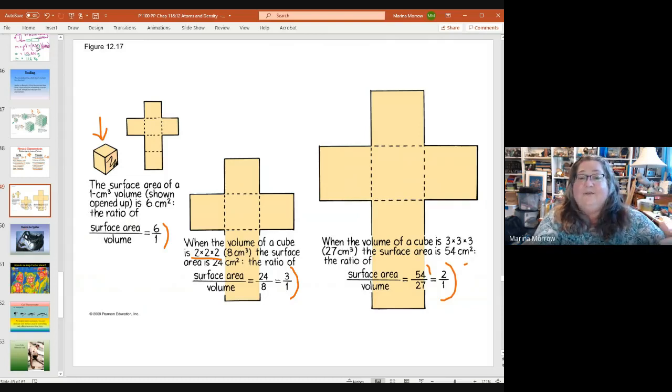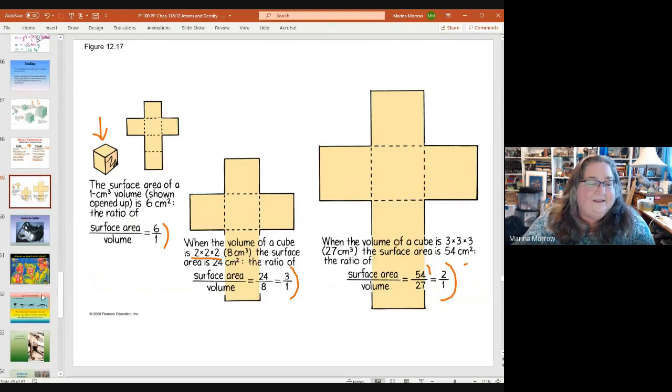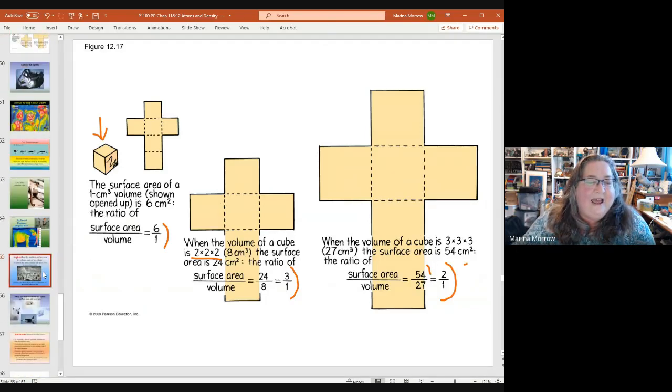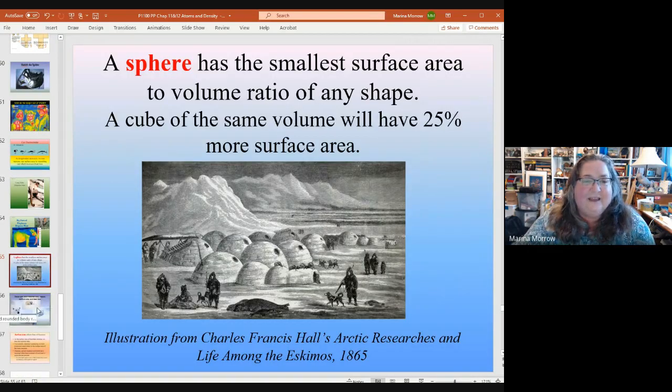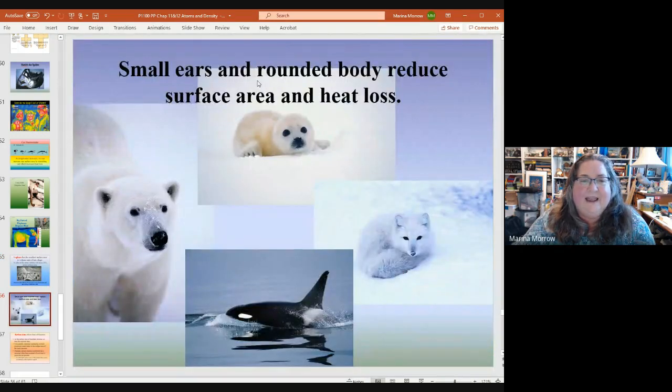So this is why as objects get larger, they have to adjust for that surface area loss. Now, one of the ways to do that is to change things. Animals that are in cold areas want to reduce that surface area. So unlike an elephant, who wants to radiate heat through its ears, the ears of these animals are usually smaller, right?